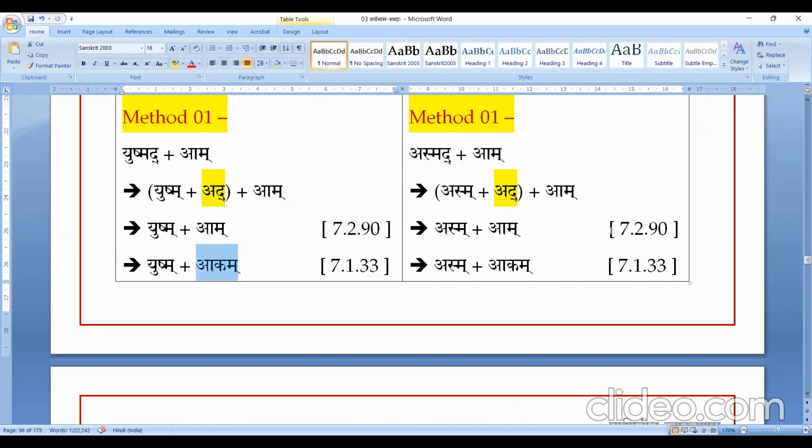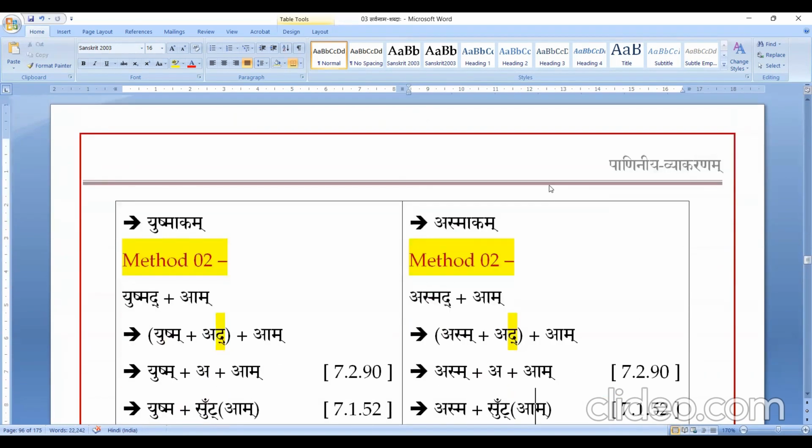Simple. Similarly, Asmat plus Am, applying T Lopaha, because it is Anadesha Ajadi Vibhakti Pratyaya, Shesha Lopaha can be applied. By method 1, T Lopaha happens, therefore Asma plus Am, and by this sutra, Ama Akam, Am is replaced by Akam, therefore Asmakam.